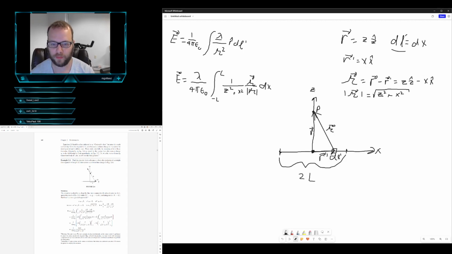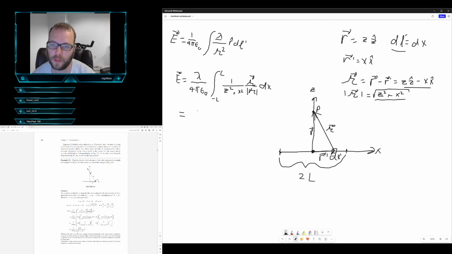So, what do we got? Well, we know that our vector is this. We know our magnitude is this. So we have a z squared plus x squared times z squared plus x squared all of the square root. So if you remember your algebra, that's going to be the z squared plus x squared to the 3 halves. Remember, this can be seen as raised to the power of 1. Multiplying terms adds the powers.